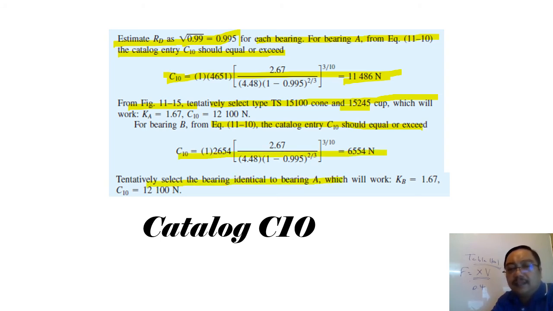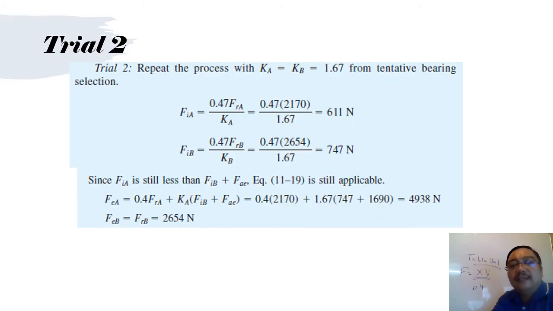So for bearing B, equation 11.10, the catalog entry should equal or exceed this C10 value. Tentatively select the bearing identical to bearing A, with K equals 1.67, C10 equals 2100. The answer may not satisfy you for some reason, so try to repeat the process with KA equals KB 1.67. The value you get from the last equation, you can refer back to the previous video, and you get this answer 611.